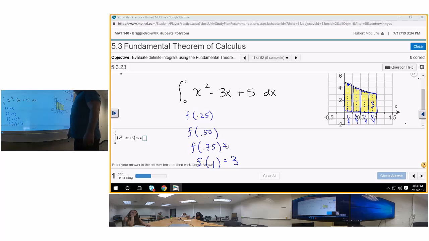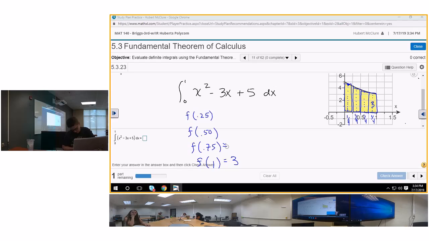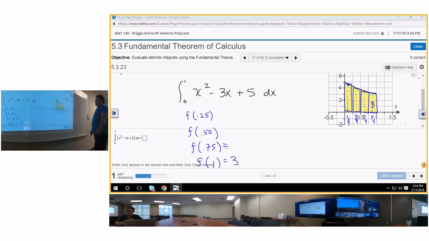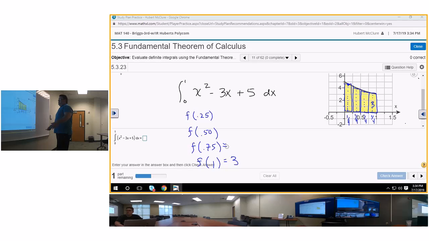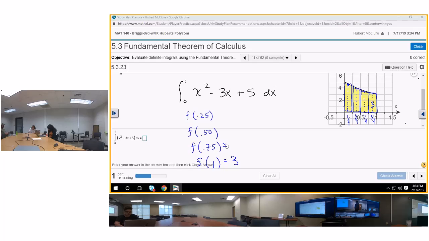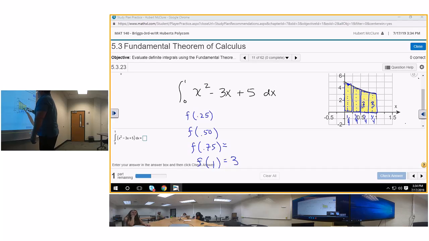What is that? Somebody plug it in. 3.3. And somebody plug in the other. 0.5.